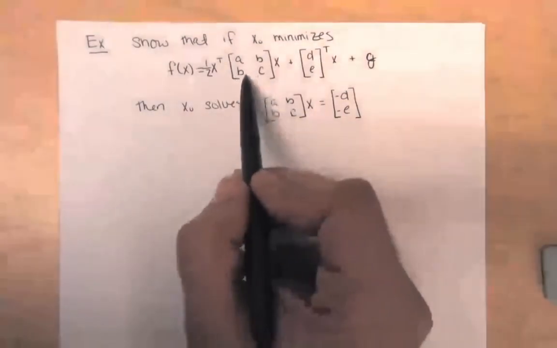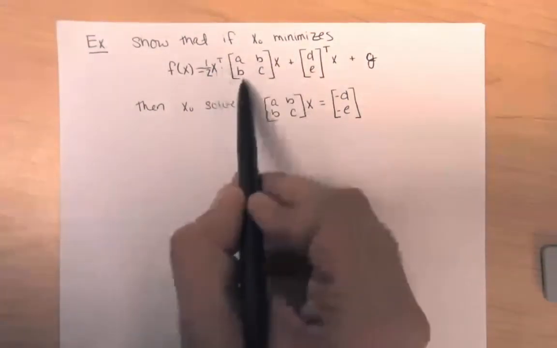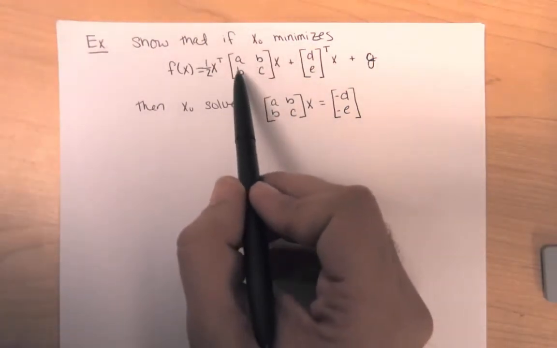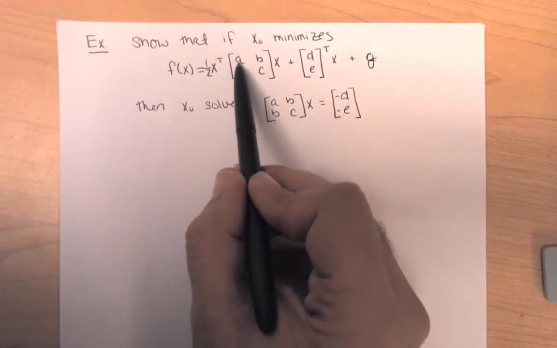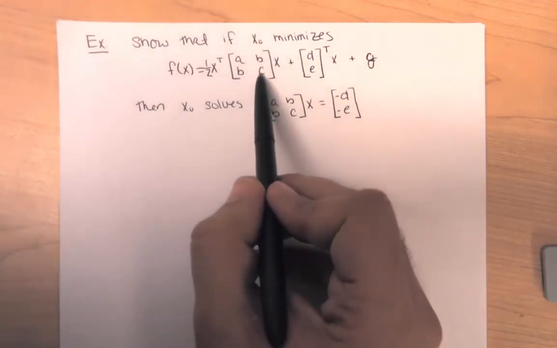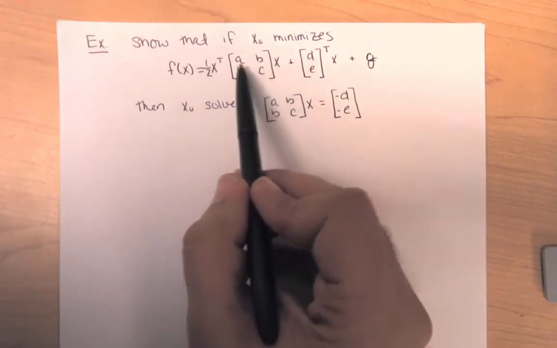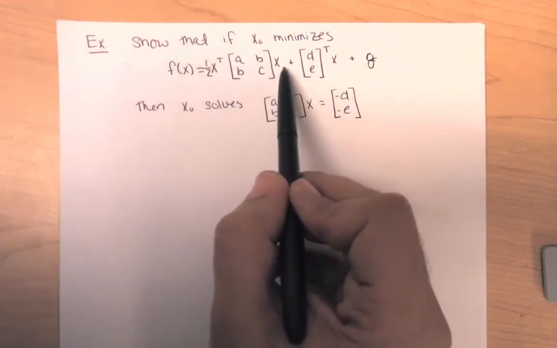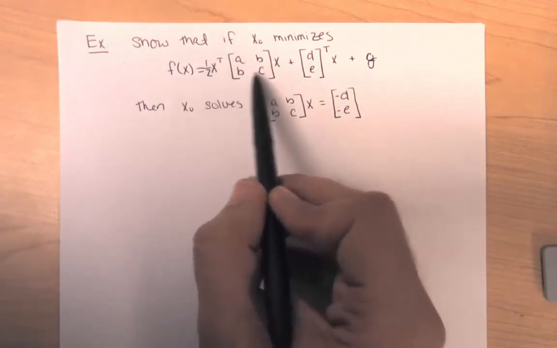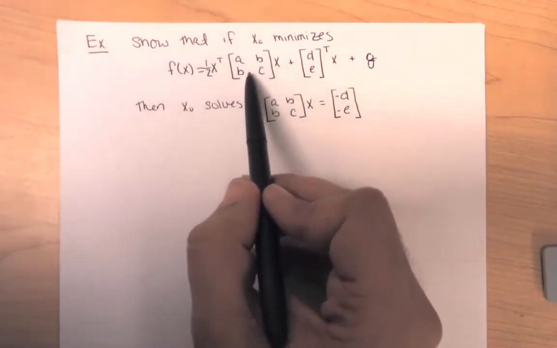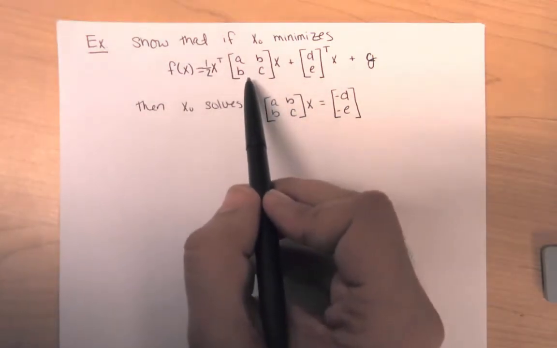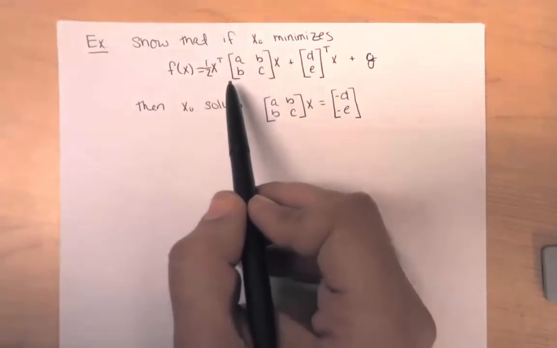Notice that my matrix in this quadratic term is symmetric. Now, notice that if I had A, B, D, and C, this would still be a bilinear function. However, that function can be rewritten with a symmetric matrix and give me the same value. So this would be a good challenge to see if you could show that for yourself.